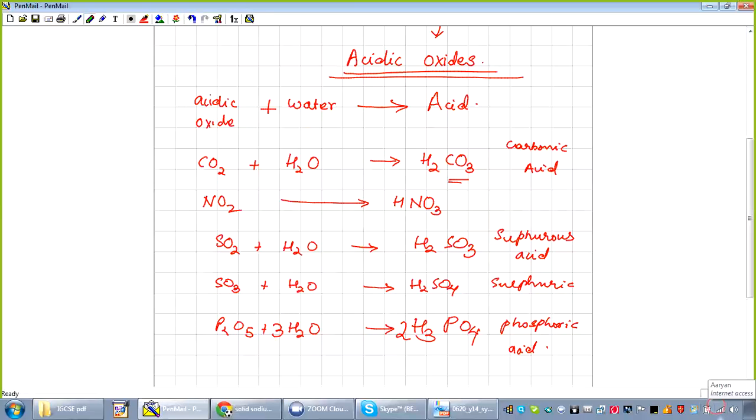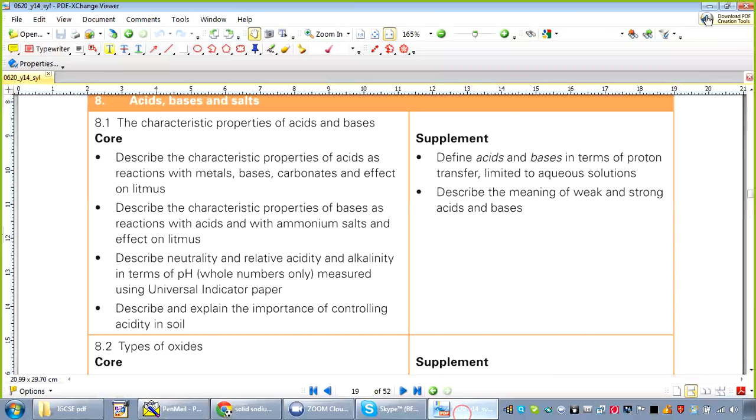So you have seen over here that non-metallic oxides produce acidic oxides, and an acidic oxide is such a substance which when dissolved in water will produce an acid. So that is one of the properties of acids.